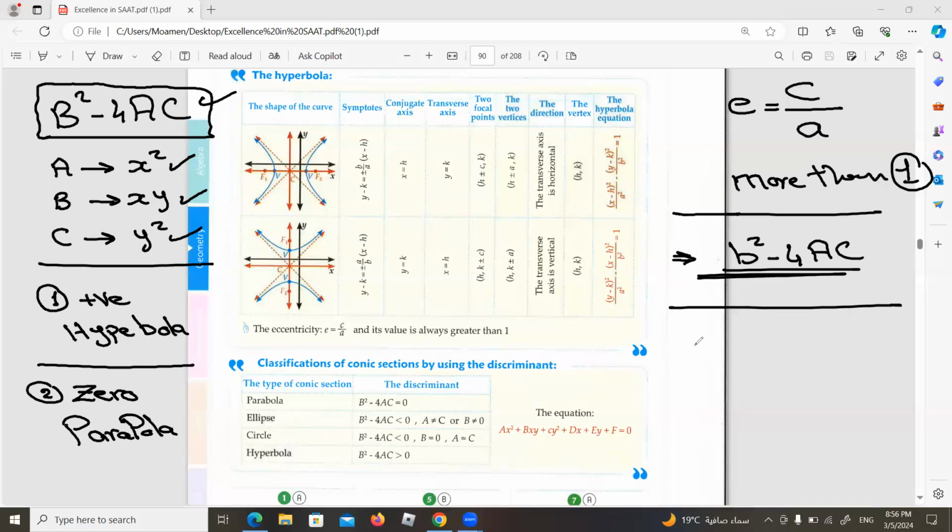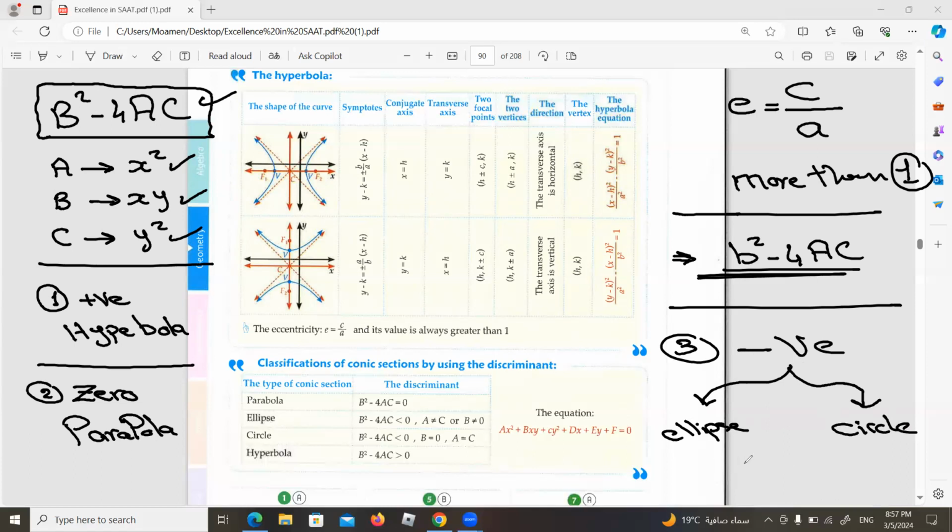The third case, if the discriminant is a negative number, you calculate and you get a negative, you have 2 conditions. It may be an ellipse, and it may be a circle.